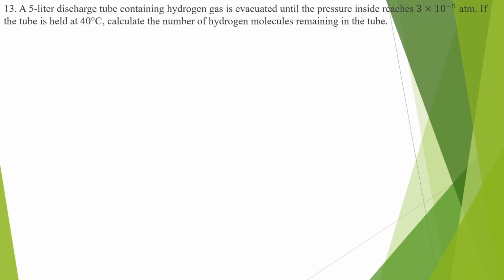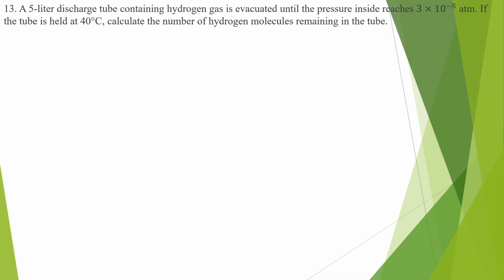Problem number 13 says a 5 liter discharge tube containing hydrogen gas is evacuated until the pressure inside reaches 3 times 10 to the minus 5 atmosphere. If the tube is held at 40 degrees Celsius, calculate the number of hydrogen molecules remaining in the tube. So it is given P is 3 times 10 to the minus 5 atmosphere.